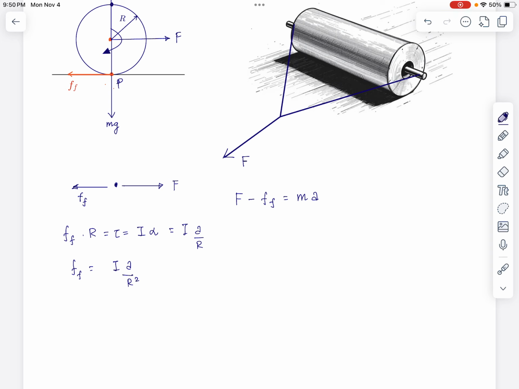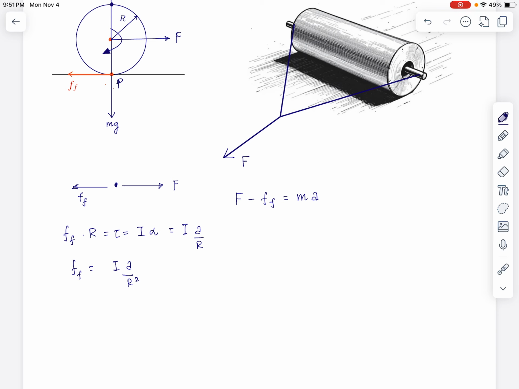We want to find the expression for a, because we are interested in the relationship between the applied force and the frictional force.